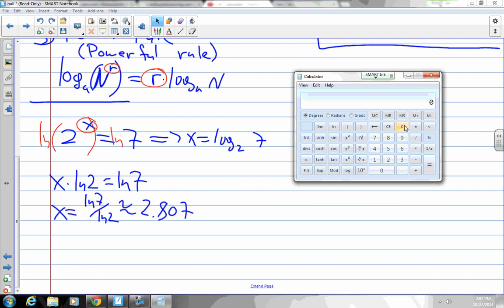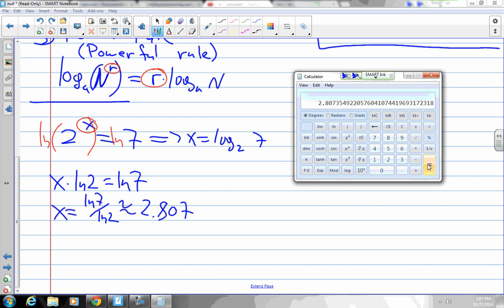Do you have a calculator? Okay, on your graphing one, you can just type it in: ln 7 close parentheses divided by ln 2 close parentheses. In my cheaper version of a calculator, I have to work it backwards. So I go 7 and compute the natural log of that, divided by 2 natural log of that. So you see it does say ln of 7 over ln of 2 equals 2.807.